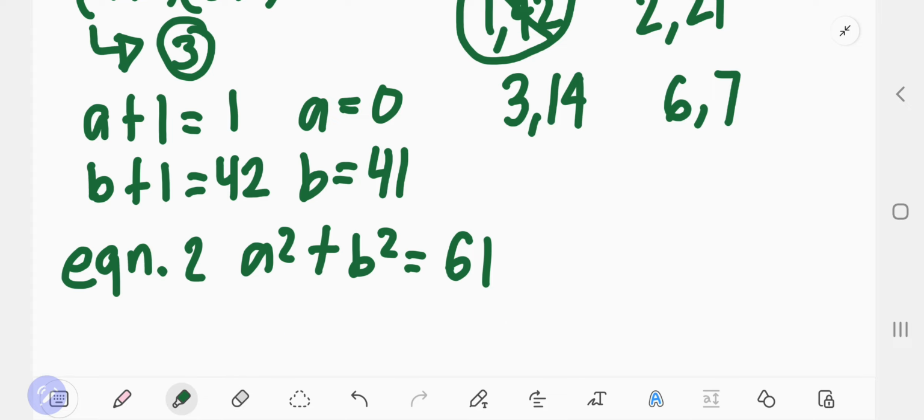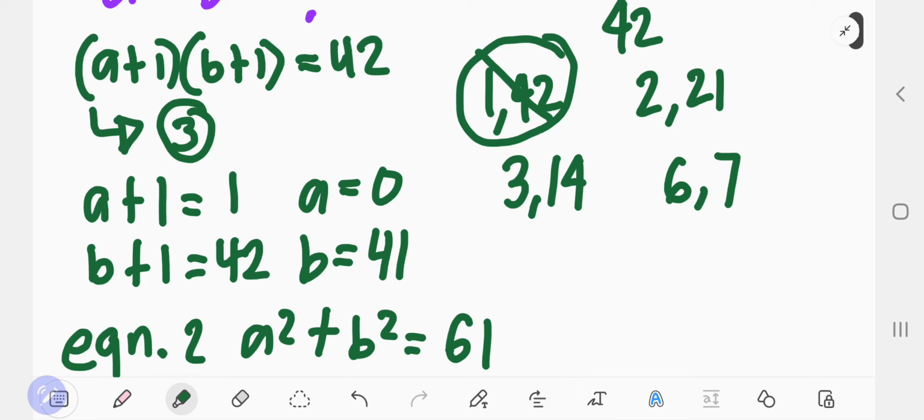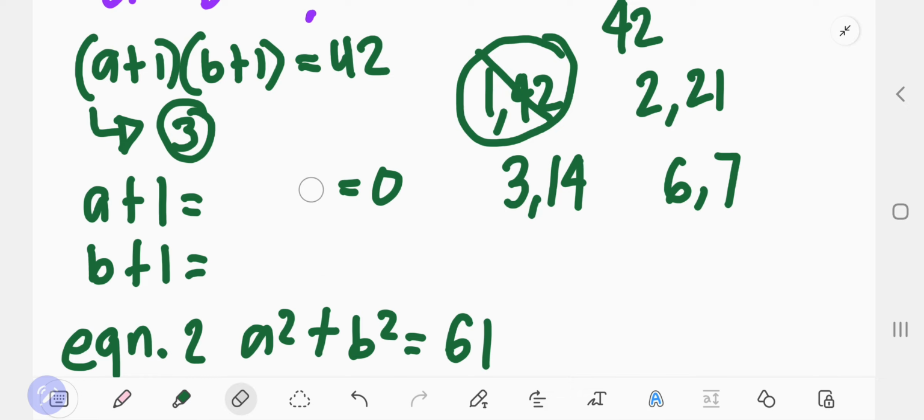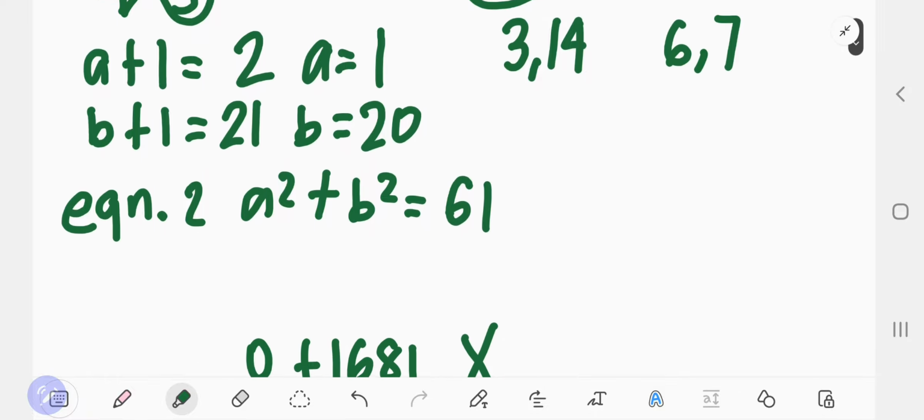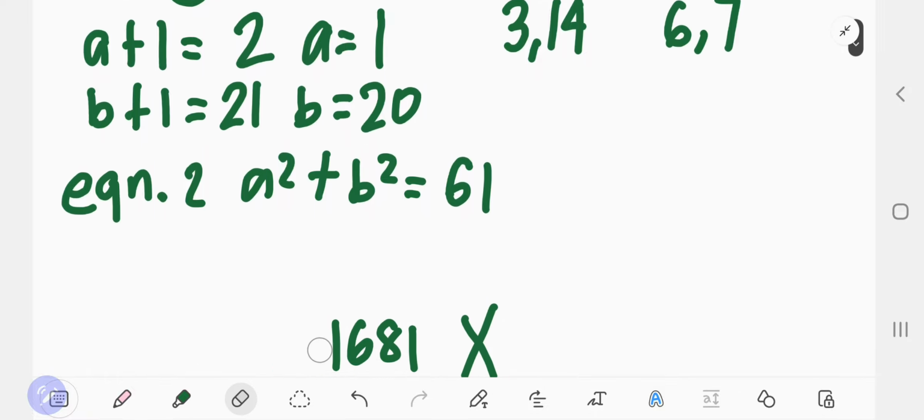Let's try 2 and 21. A plus 1 is equal to 2 and b plus 1 is equal to 21. We can subtract 1 from both sides of both equations, so the value of a is equal to 2 minus 1, which is 1, and the value of our b is 20. Let's replace a with 1 and b with 20.